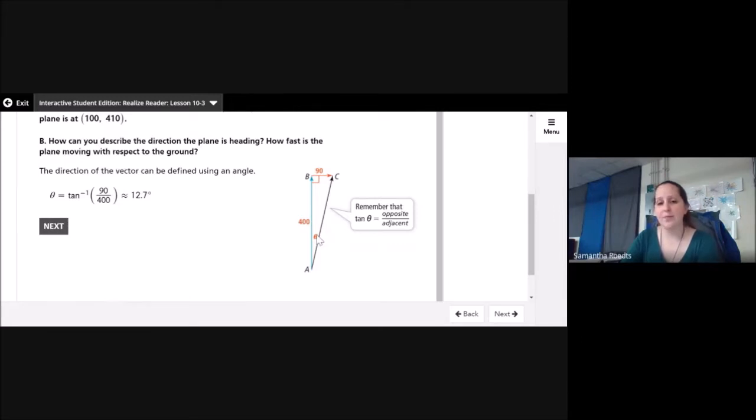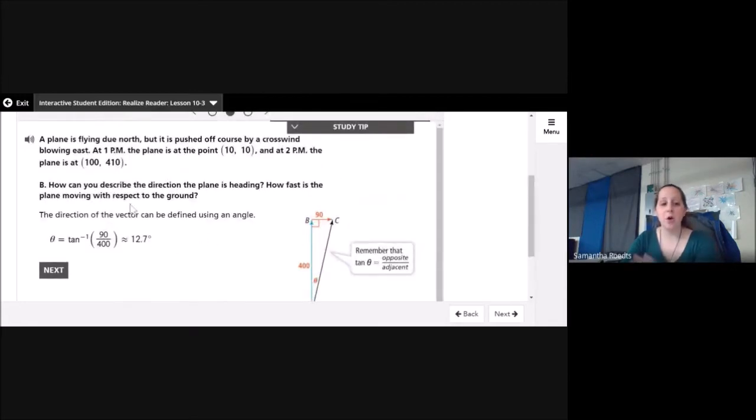So here's my angle, and I'm going to take the tangent, which is my opposite value over my adjacent value. Or in component form, it's my x value over my y value. It's approximately 12.7.